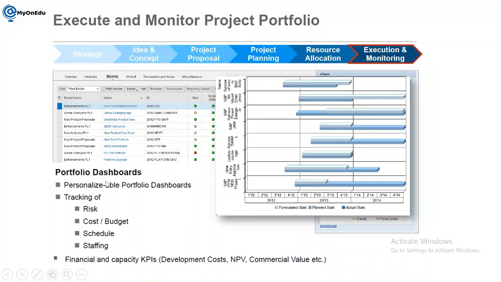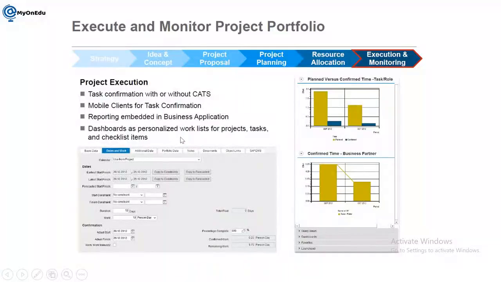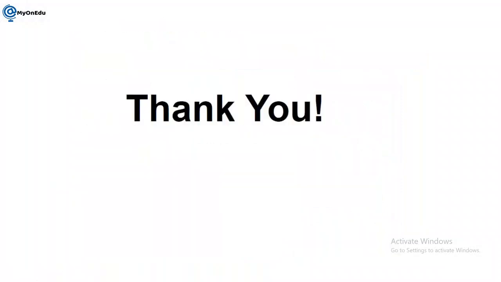These are some of the screenshots which I've taken from the execution side. So execution, see here in this screenshot, it is shown in the project portfolio management side only, but here the project system will also be involved to manage your accounting part. Okay, so thank you.